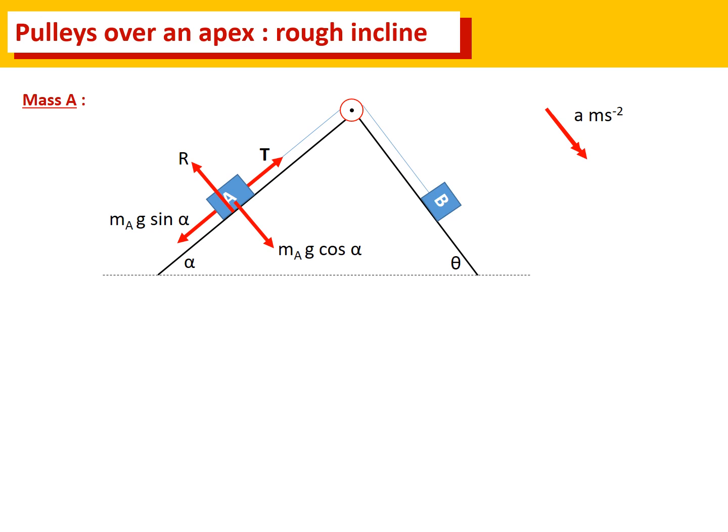If our incline is rough, we've got the added complication of friction that comes into play. So, in this situation, we can see for mass A, perpendicular to the plane, R must equal the weight component, so m of A g cos alpha.